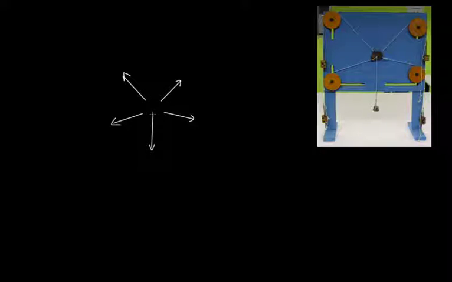Let's call this one number 1. We'll trace it. There it is. Now we're going to move number 2, which is this one, so that it is head to tail with number 1. Now we can trace number 2. That's number 2. Then we'll call this one number 3.